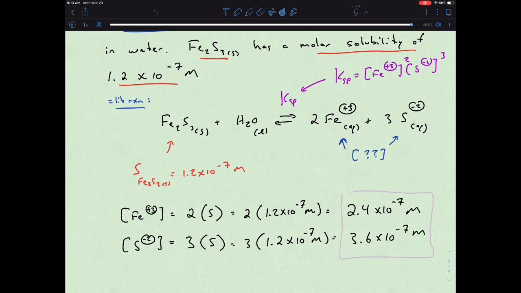And so there are our concentrations of the ions present in solution based on the original molar solubility. So that's the introduction into how we write equilibriums with slightly soluble solids, as well as the definition of molar solubility and how it's always in terms of that starting solid material. In the next lecture, we'll get into how we can relate molar solubility to KSP.